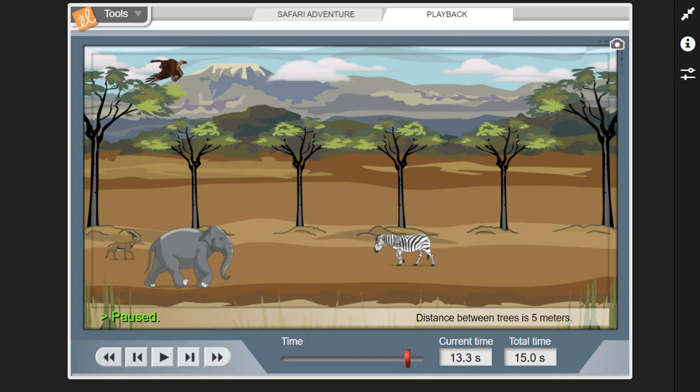So that vulture just went 15 meters in 0.9 seconds. That's pretty fast. So we take our calculator to get the speed. We do distance, which was 15 meters, divided by the time, which is 0.9. That equals 16.67 if we round it, meters per second. So that is by far the fastest one we've had so far.